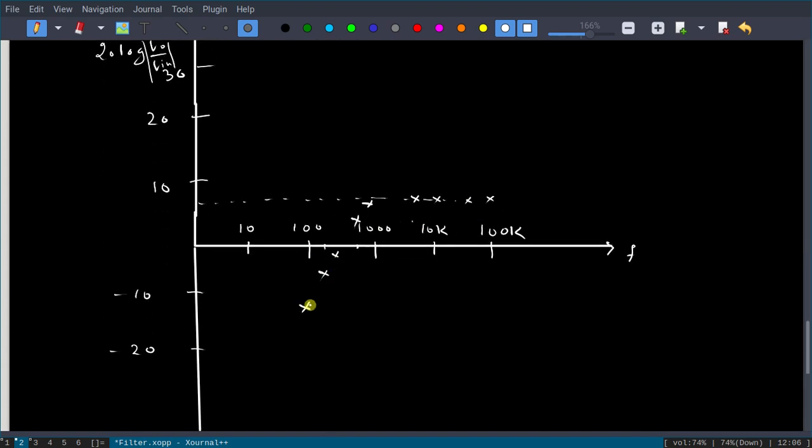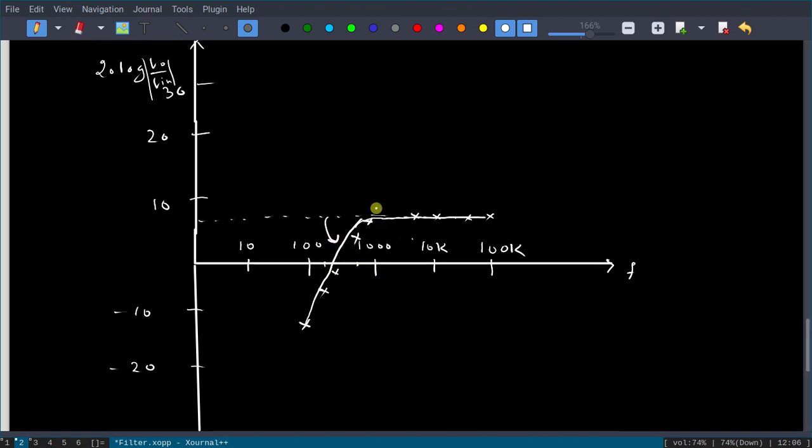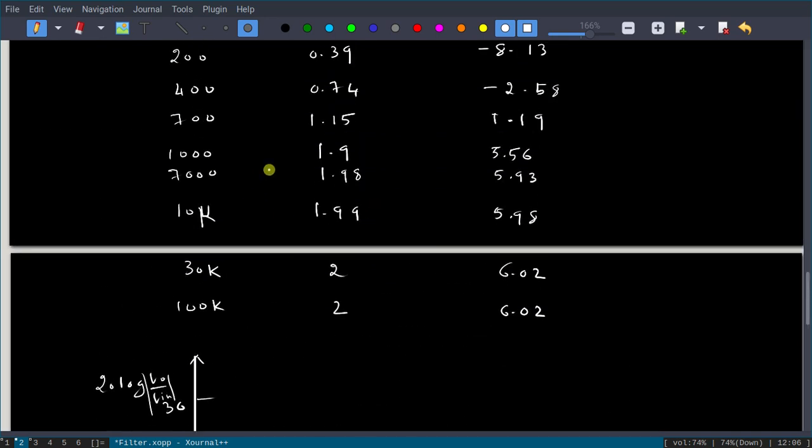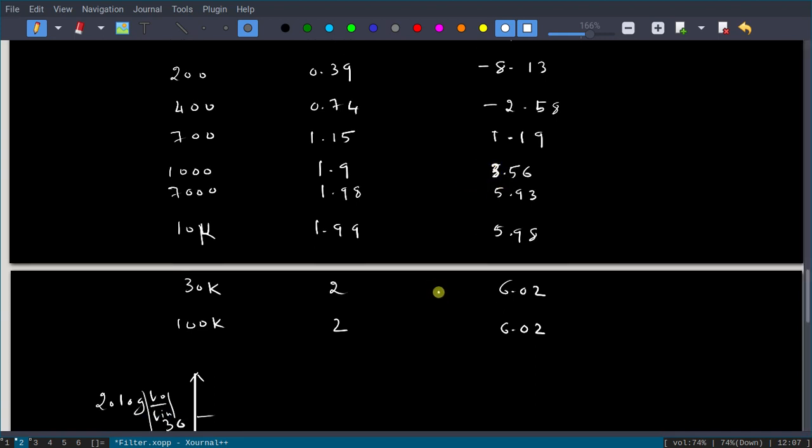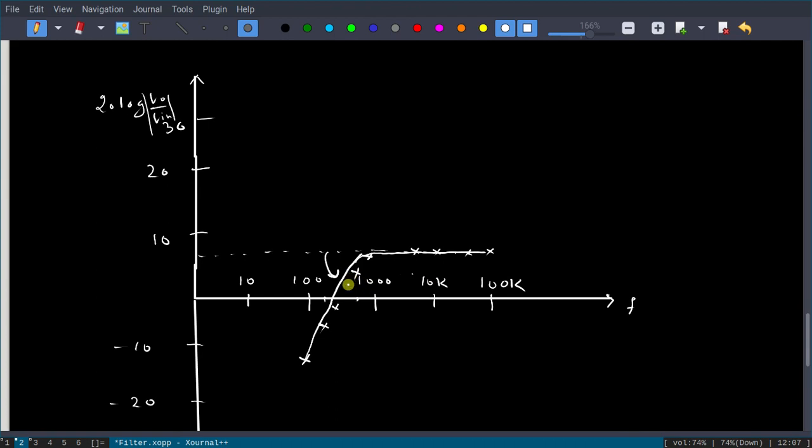If you plot the graph, one thing you have to observe is the gain at cutoff frequency. At cutoff frequency, that is 1k, your gain is, sorry, not 5 point, it is 3.56.